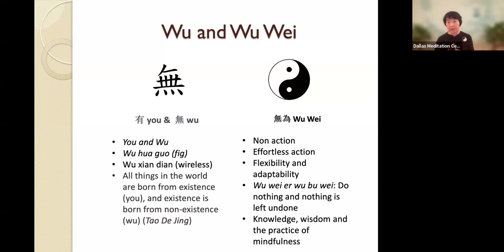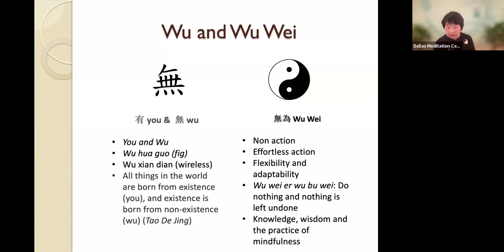Having is more desirable, right? But on the other hand, the other word is being or non-being, to be or not to be. So in Chinese, there's one character, you, and another character, wu, like yin and yang. They don't necessarily think one is more desirable or one is not desirable.